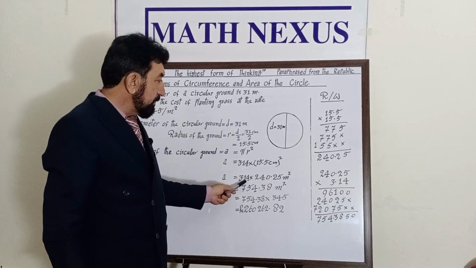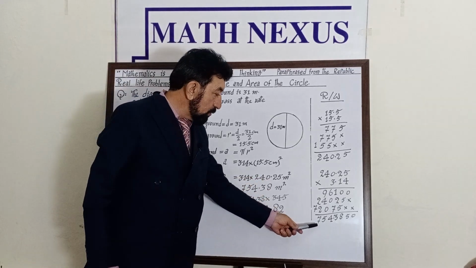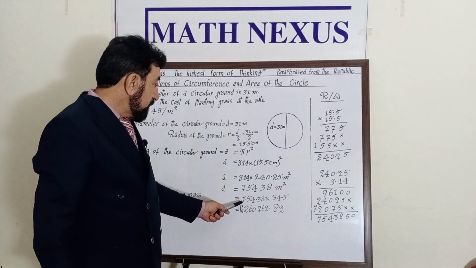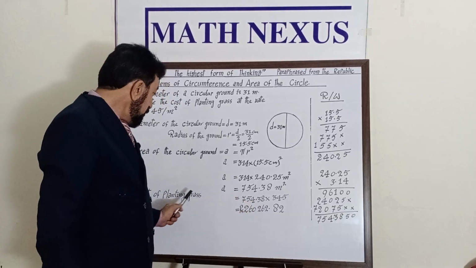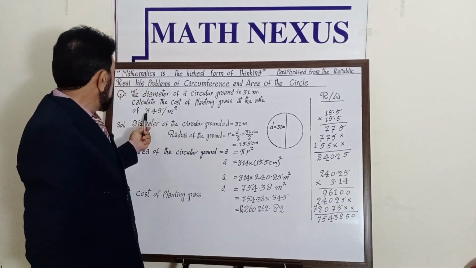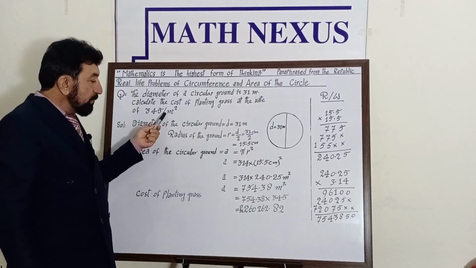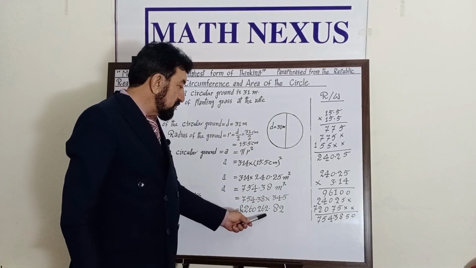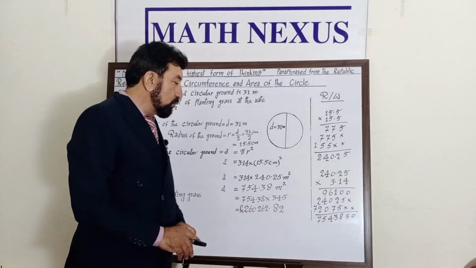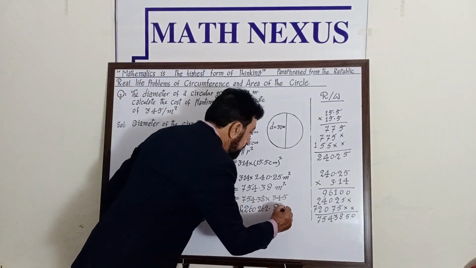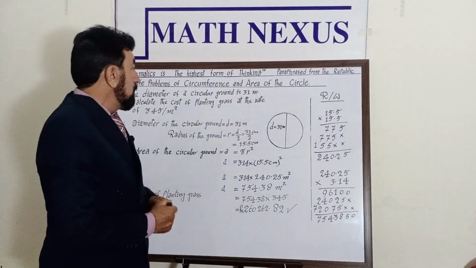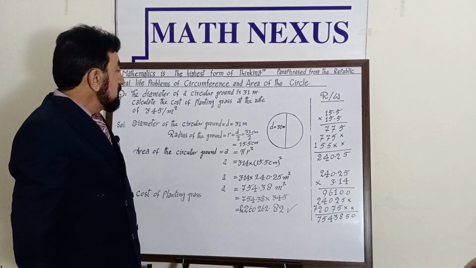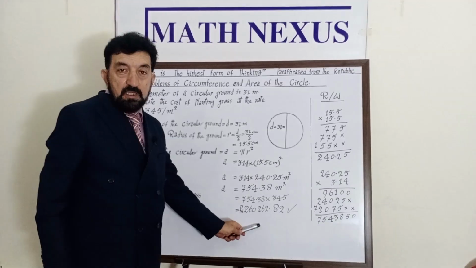Into 3.14, this is equal to 754.38. 754.38 into cost 345 per meter square. This is equal to 2,60,262.82 rupees. This is the cost of planting grass in this circular region, and this is the answer of the question.